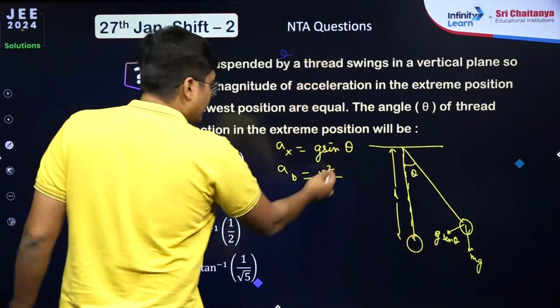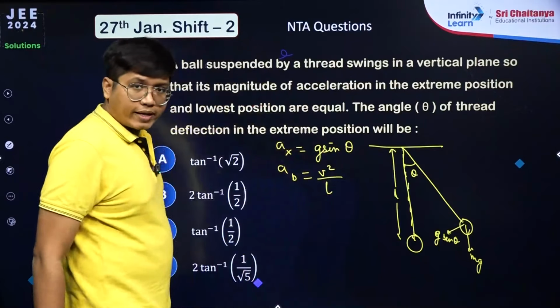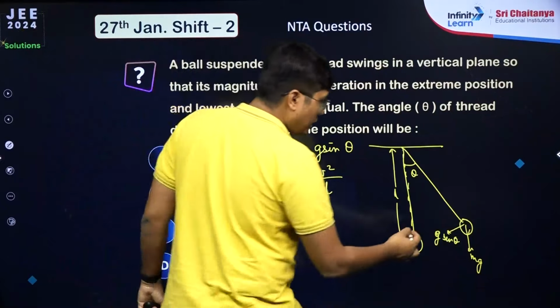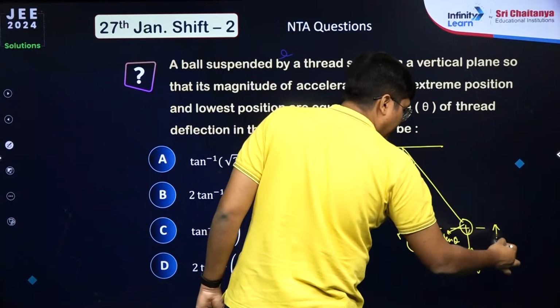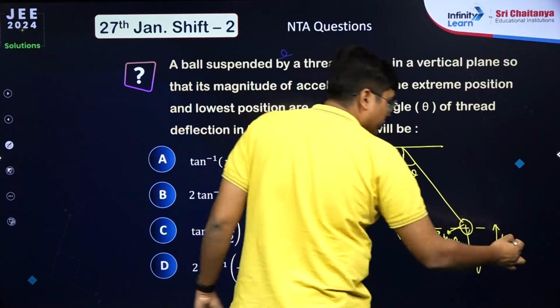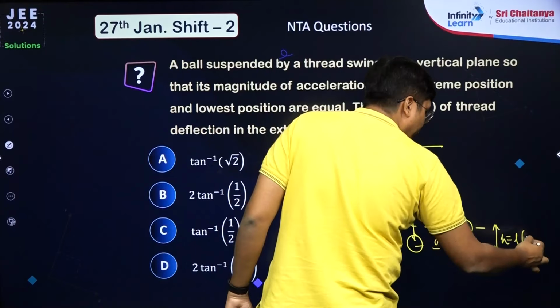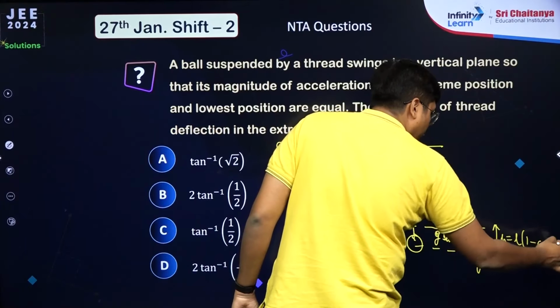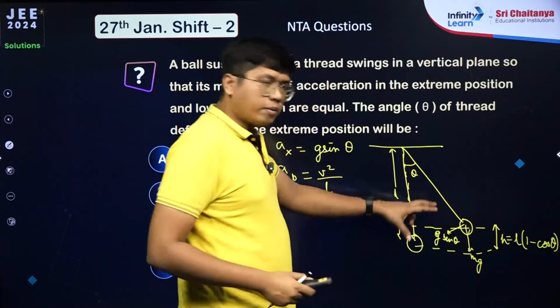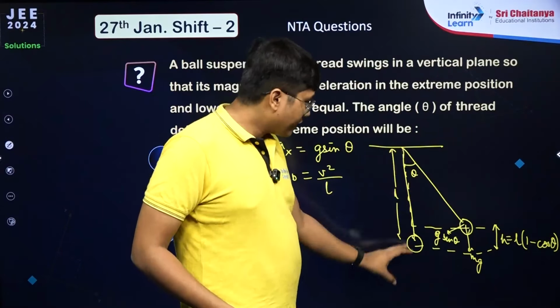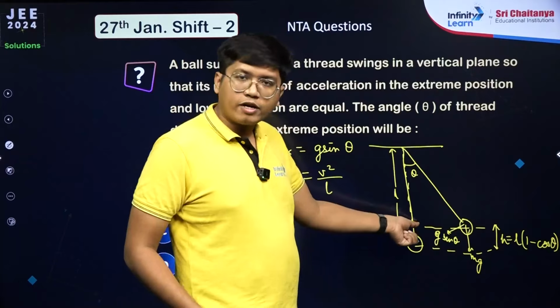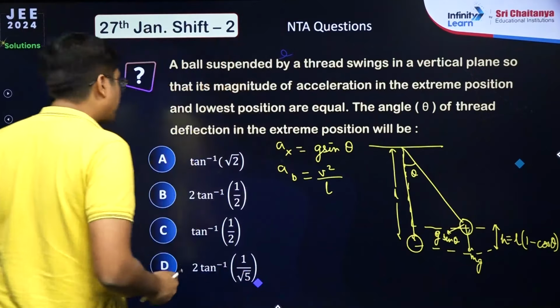So how do I get this v square out? It goes down in height by an amount h, which is equal to L into 1 minus cos theta. I hope you're all familiar with it. Simply it comes from geometry, because this is L cos theta and the entire thing is L, so the gap in height is L times 1 minus cos theta.